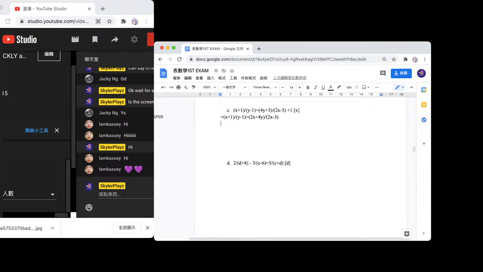As we multiply them together, we multiply the left hand side by y minus 1 and 2x minus 3. We do the same thing on both sides, so it will be equal. x plus 1, 2x minus 3 is equal to 2x plus 4y and y minus 1.